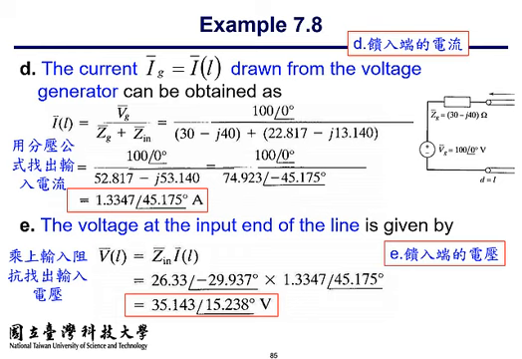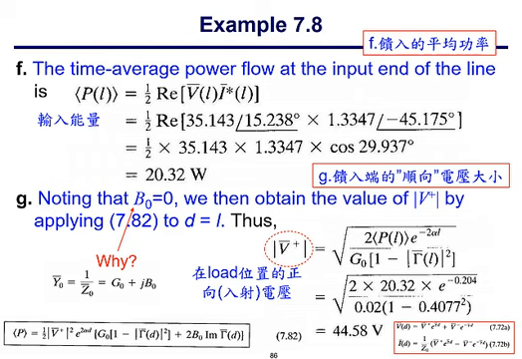Taking the product of the two, the voltage magnitude is 35 volts and the phase is 15 degrees for your voltage at the input end. Now you have the voltage and the current, so you can calculate what? Power, the time average power.